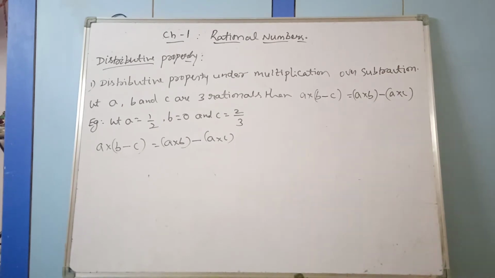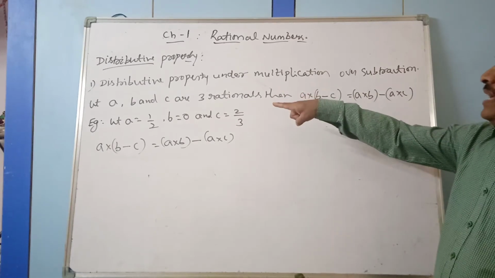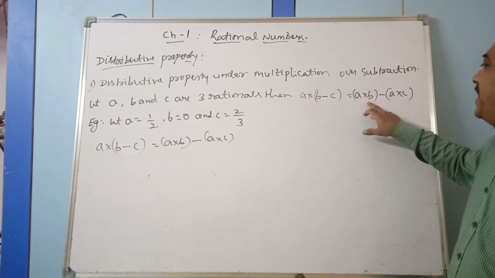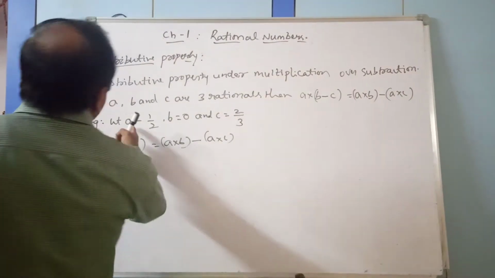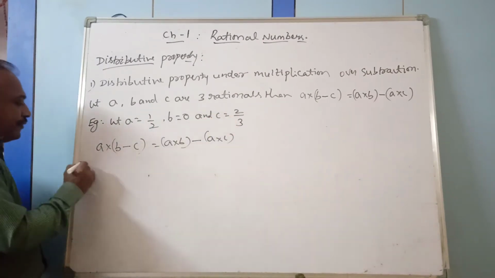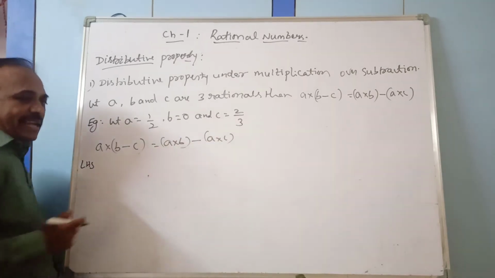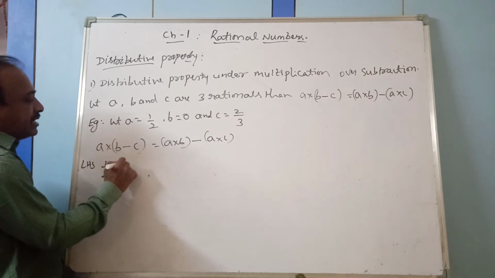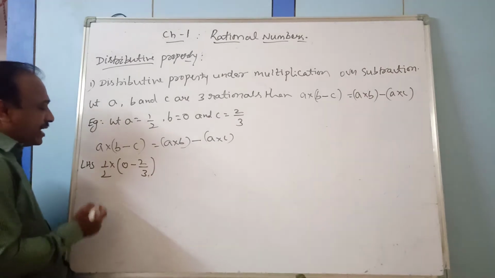Now, distributive property under multiplication over subtraction: let A, B and C be three rationals, then A into (B minus C) is equal to A into B minus A into C. So let A is equal to 1 by 2, B is equal to 0 and C is equal to 2 by 3. First we take the LHS part: A into (B minus C), where A is 1 by 2 into (0 minus 2 by 3).